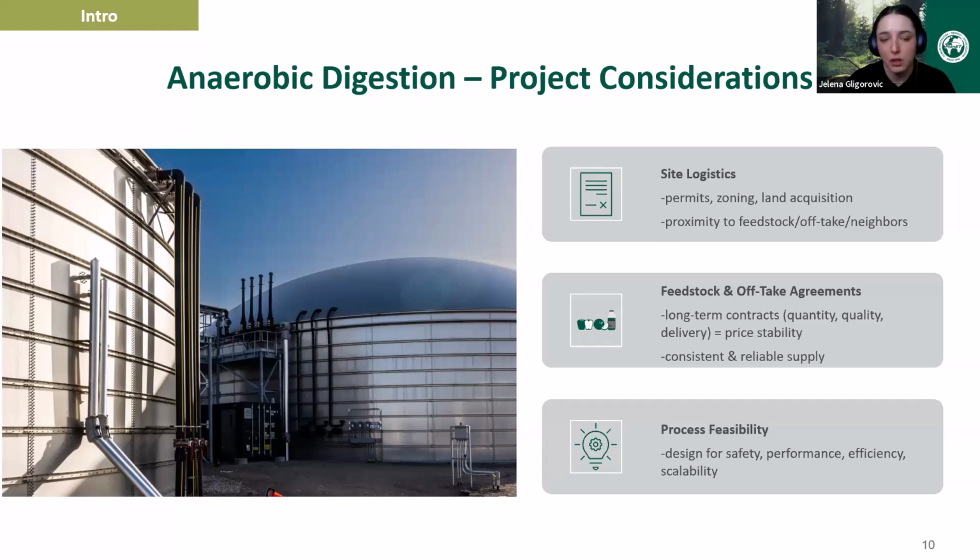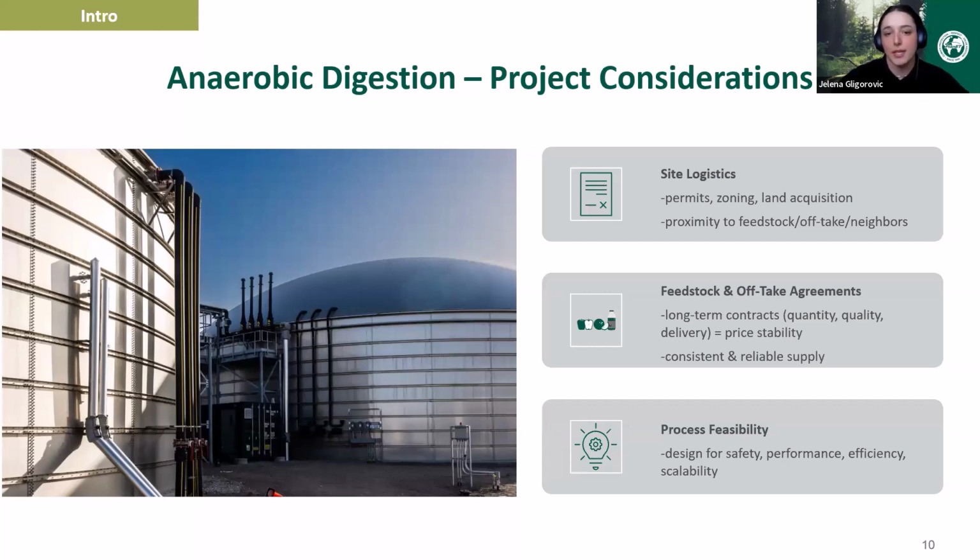Another thing that is critical for a site with respect to the logistics is the proximity to neighbors, whether that's other farms or industrial facilities, or even residential housing, which can be affected by any noise or odor or truck traffic that's happening with the site. So if you have that in order, the next steps are determining the offtake agreements and the process feasibility.